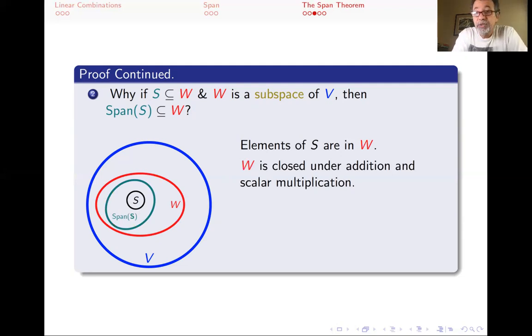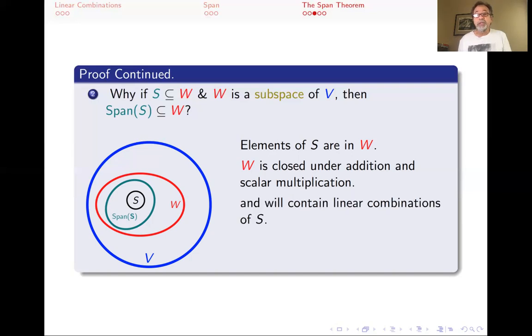So if you take elements of W and multiply them by scalars and add them, you stay within W. And elements of S are in W, so when you find the span, which is multiplying elements of S by scalars and adding them, you stay within W, because W is a subspace. So the span will be in W, and that was the proof of that second statement.